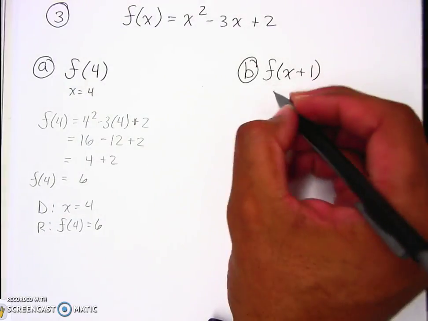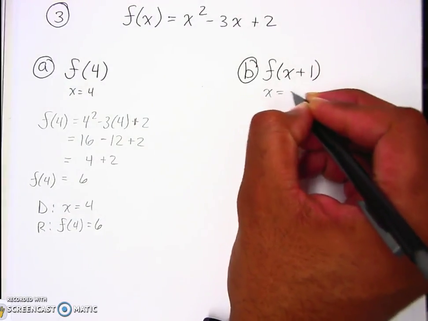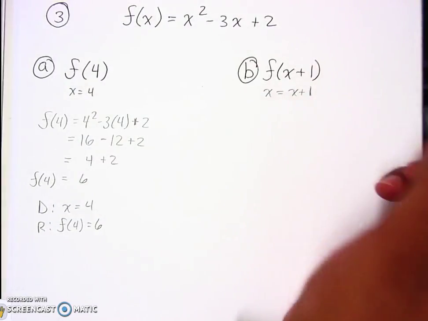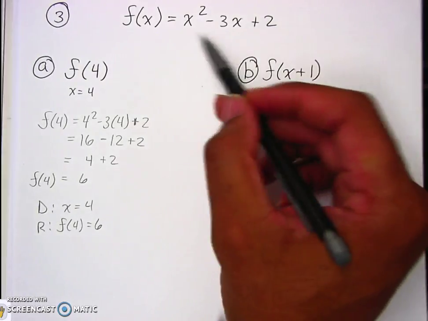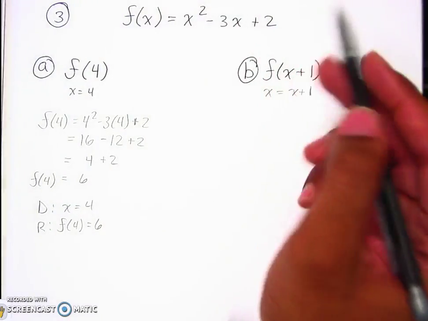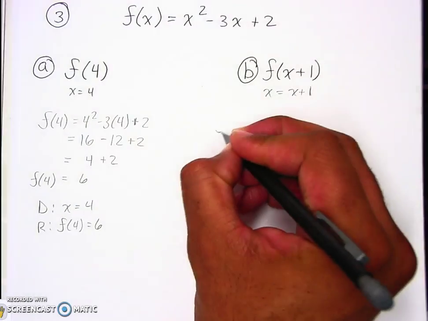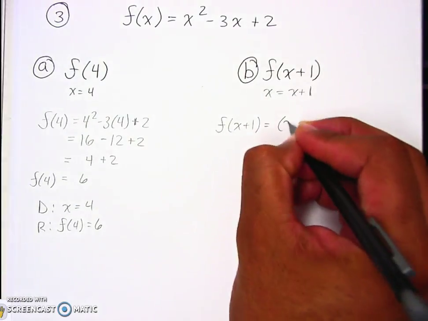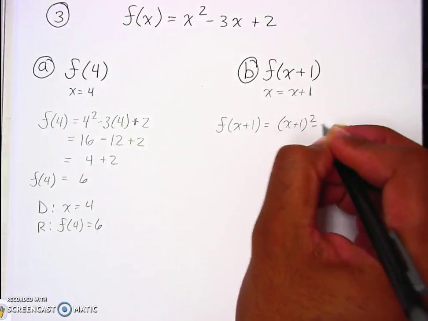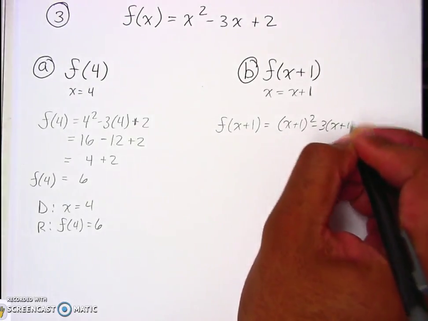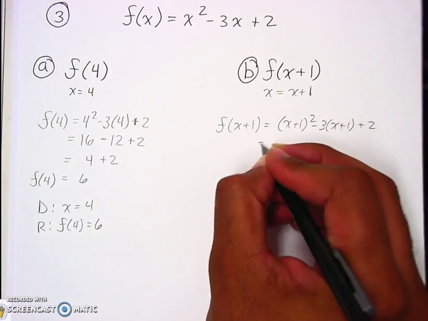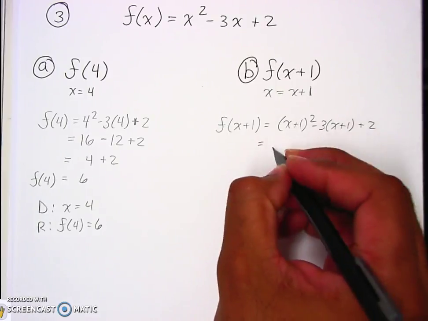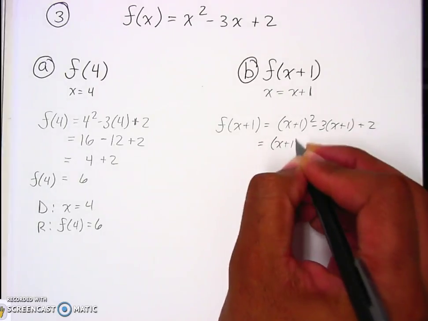All right, for the next part here, for x, we're going to put x plus 1 in that spot. So we take each one of these x's and we put x plus 1 in that spot. Again, here we FOIL this out because we have 2 of them.